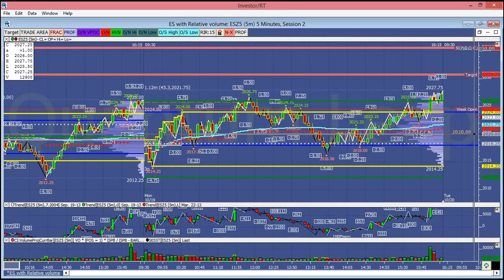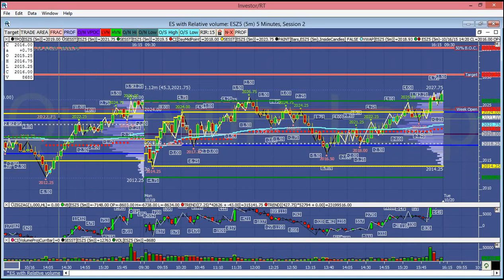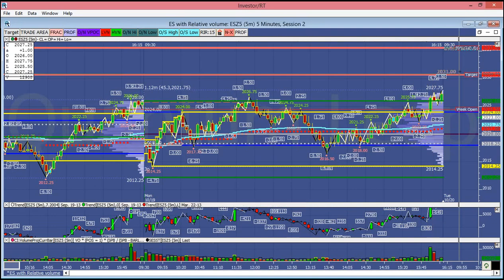You have the one from yesterday at 2020. You've got your value area high within 2 points of each other, and your value area low within 2 points of each other. You've got good Gaussian distribution on both. We're accepting value here, and we're creating a great big huge distribution curve, a bell curve, that we can launch from.